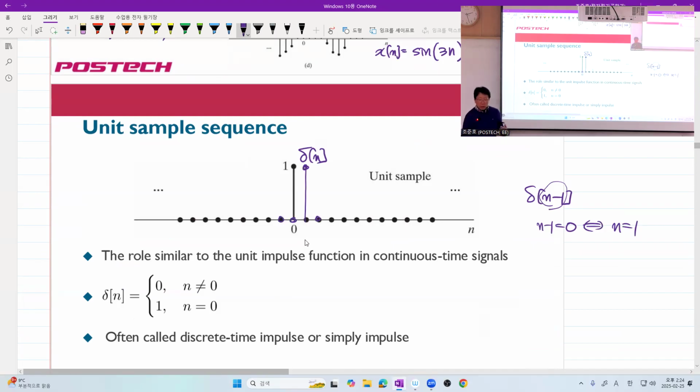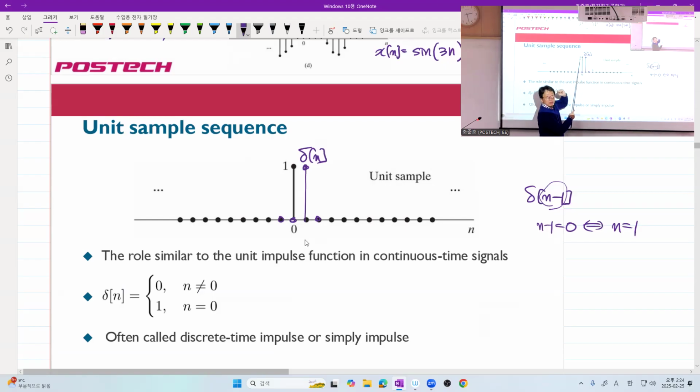So by replacing the argument n with n minus 1, in the graph we shift the delta function to the right. What does that mean? If time index n means time, before we shift, at time 0 the value is 1.